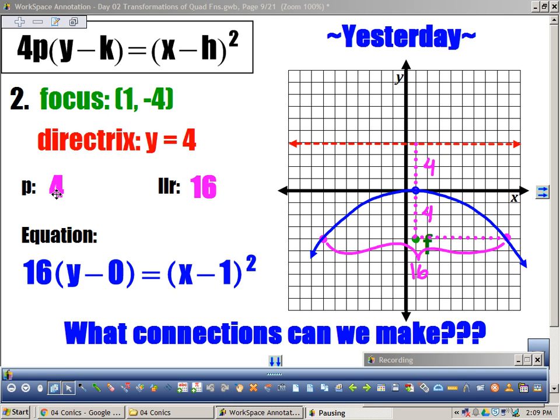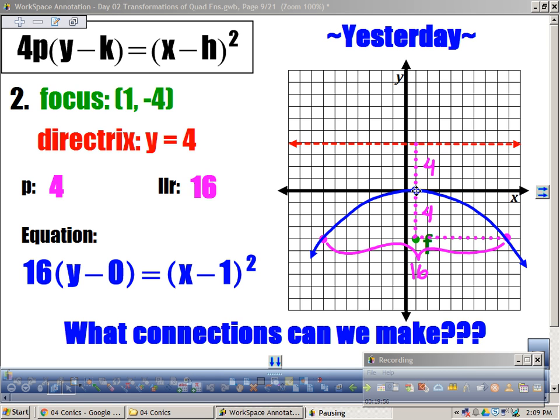So yesterday we found that P was 4 because we graphed the focus. So here's the focus. And then we graphed the directrix. And we realized that our vertex has to be right in the middle. Remember that? So then we counted, well, then that means P must be 4, and 2P must be 8, and then all the way across must be 16.